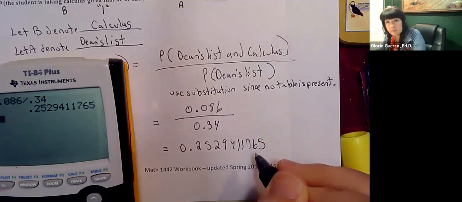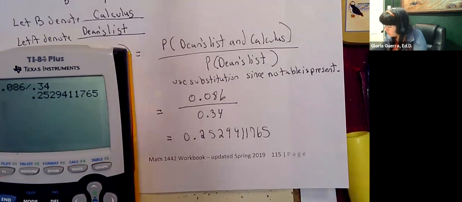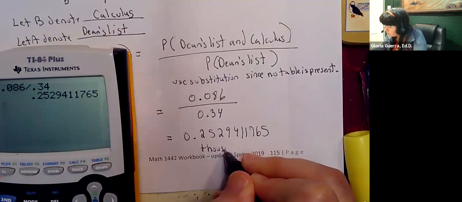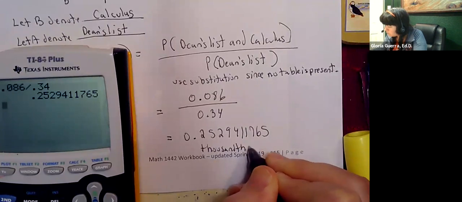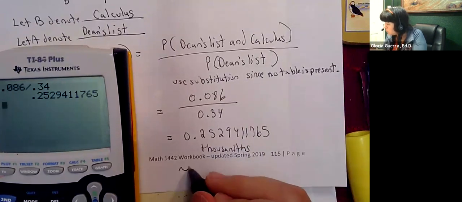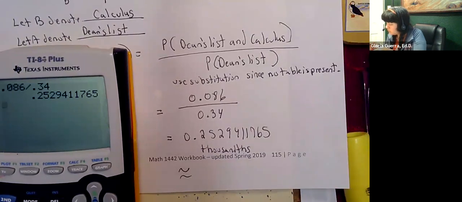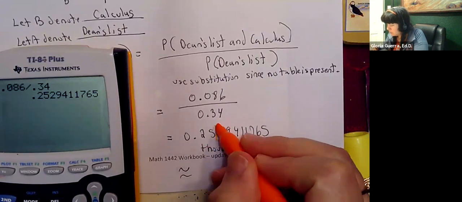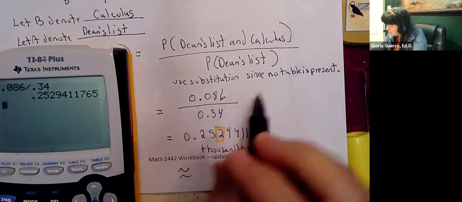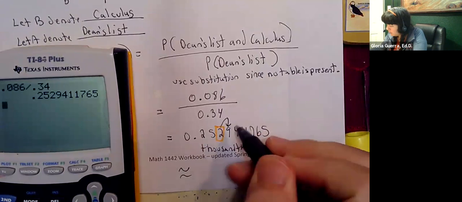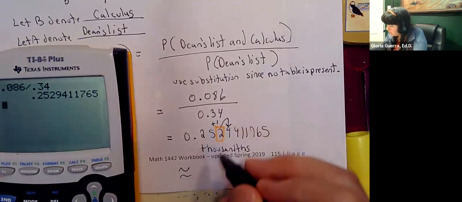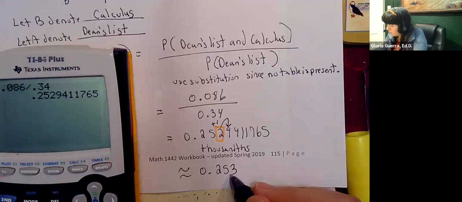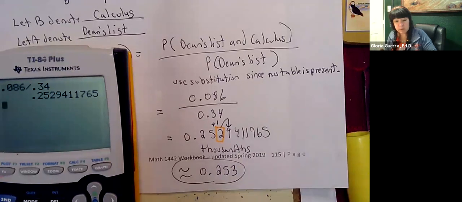And then I'm going to round this to the nearest thousandths. So tenths, hundredths, thousandths. Then look at the number to the right. Is this 5 or more? Yep, it's a 9. So add 1, so 0.253. Okay.